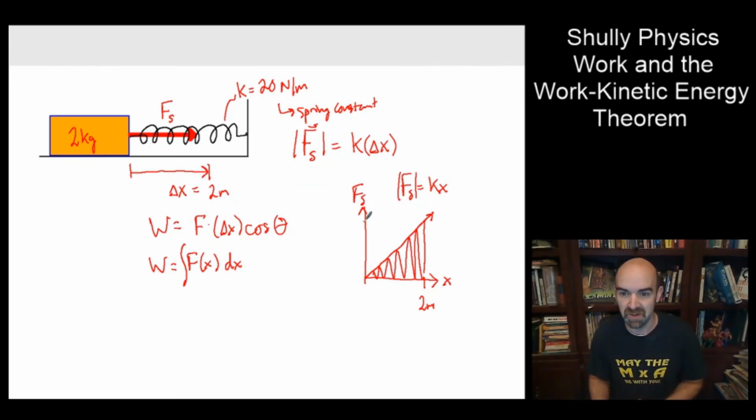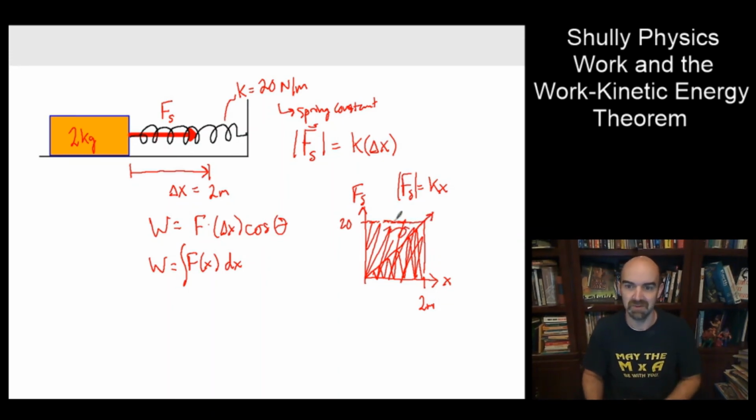So what if, instead of a changing force, the spring force were constant? Let's say a constant 20 newtons or something like that. Then over that 2 meters of distance, we'd multiply 20 times 2. Force is 20 times the displacement of 2, which would be 40 joules, and that would be the area of this rectangle. It's a 20 up and 2 over rectangle.